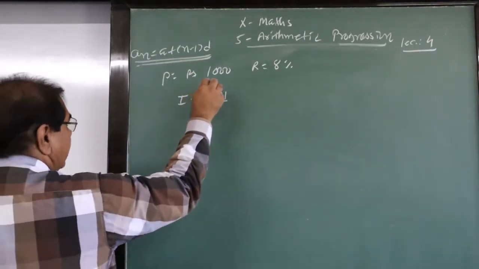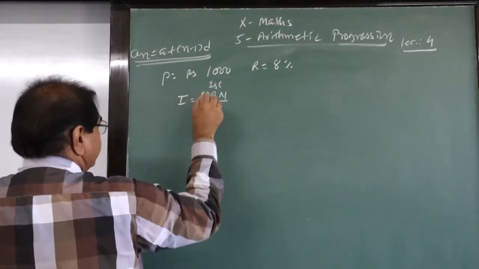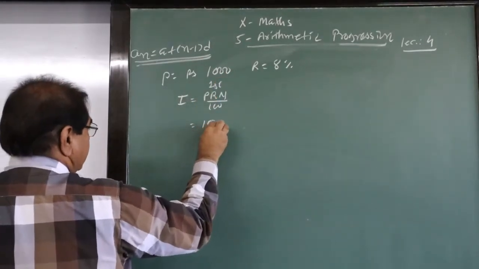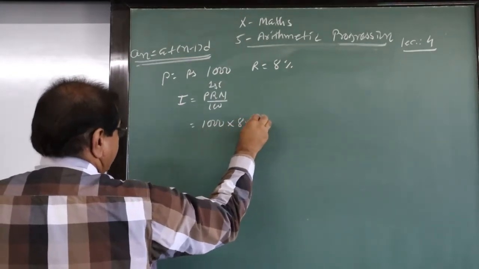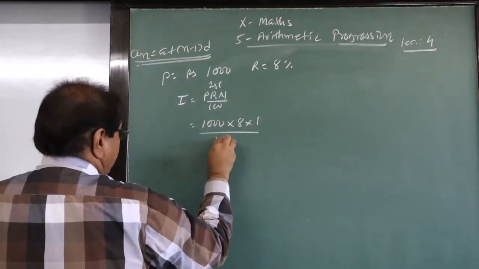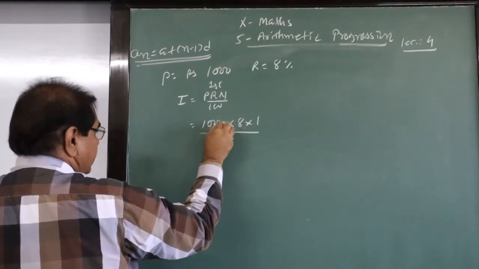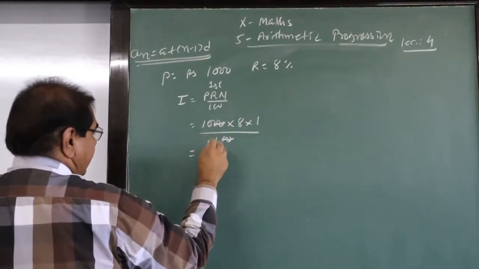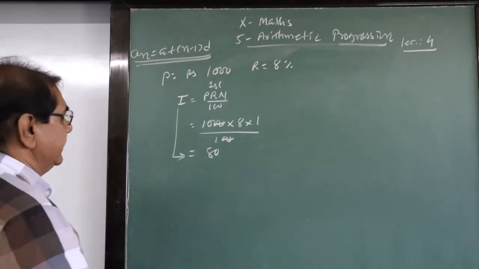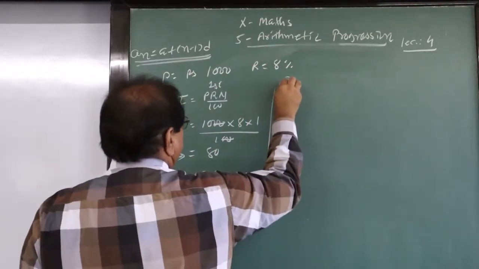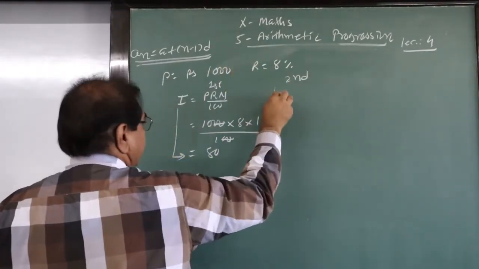So I am calculating for the first year. So principal amount is 1000, rate of interest is 8, number of years is 1, upon 100. 20 cancel, so 10 8s are 80. So interest for the first year is 80. Now we calculate interest for the second year.